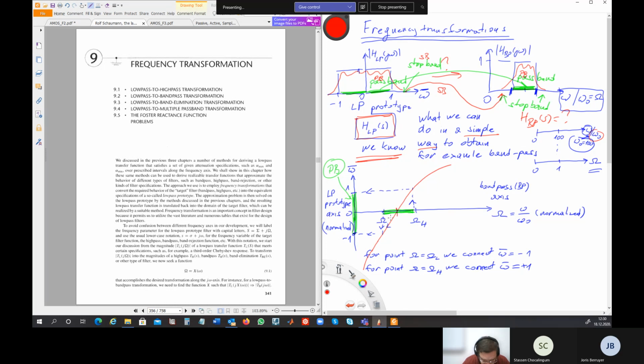It cuts on this place. We call this place omega 0. We will see what is the meaning of omega 0 small. We will find the meaning.